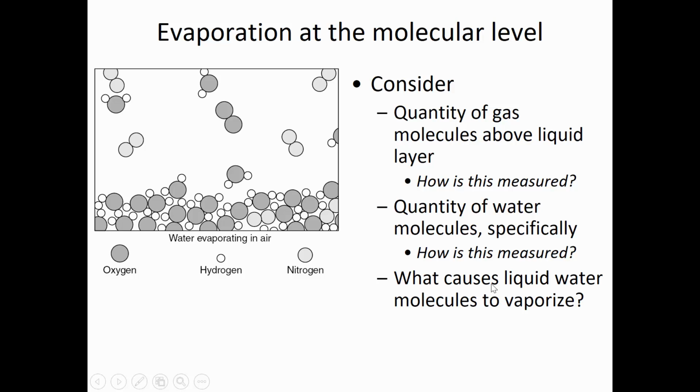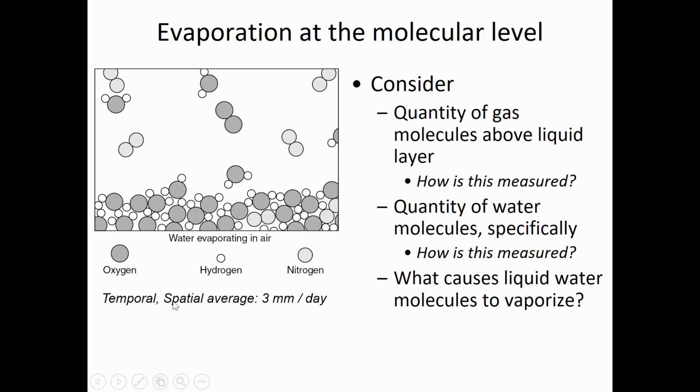Now, another concept you need to really internalize and be able to explain is what causes liquid water molecules to vaporize. That idea of kinetic energy and molecule collisions leading to enough kinetic energy to escape from the liquid phase. We've talked about that already.